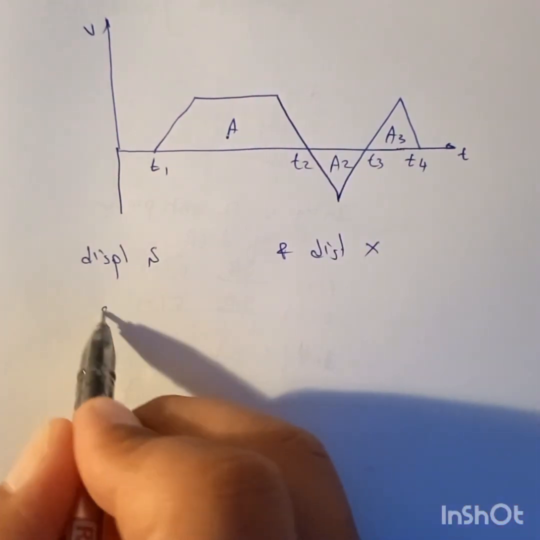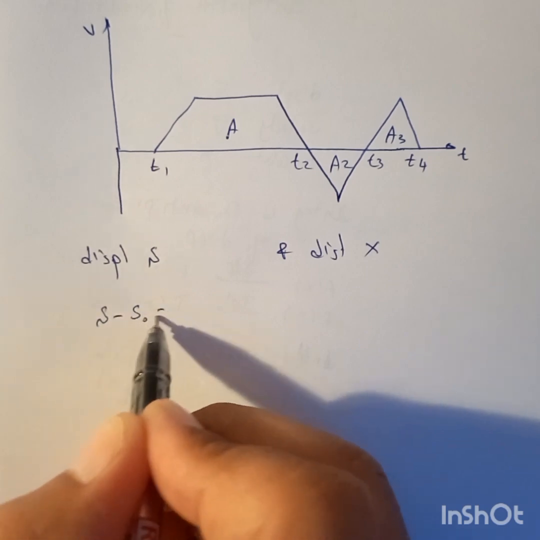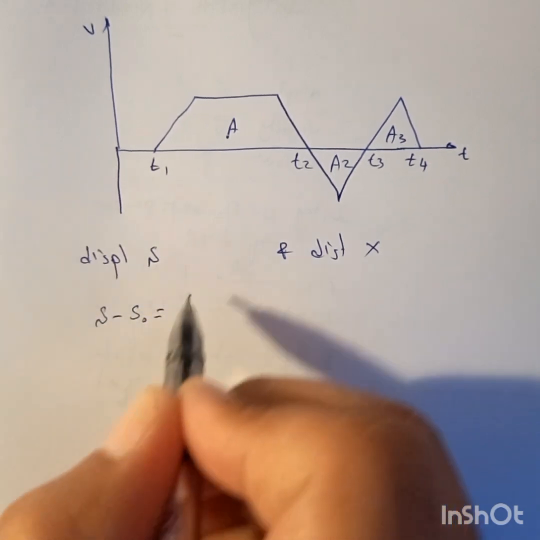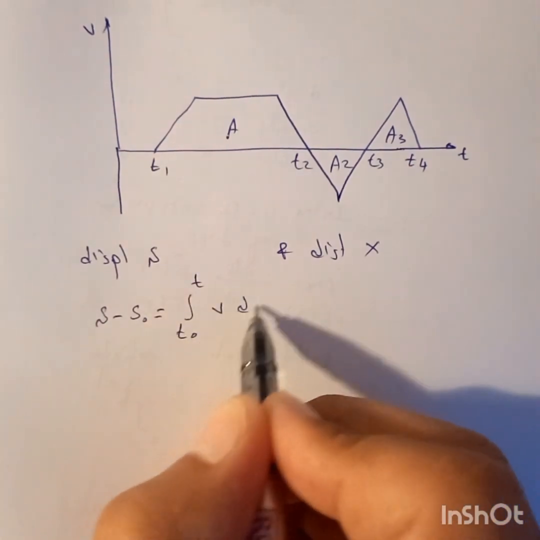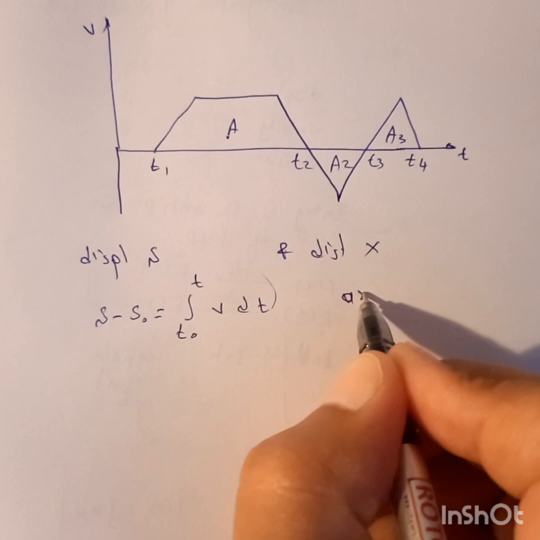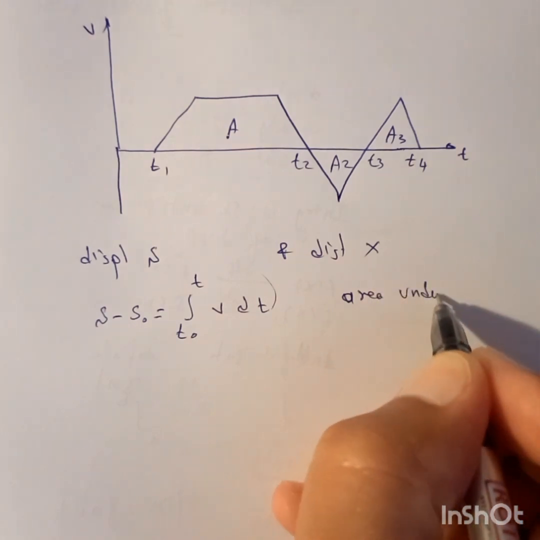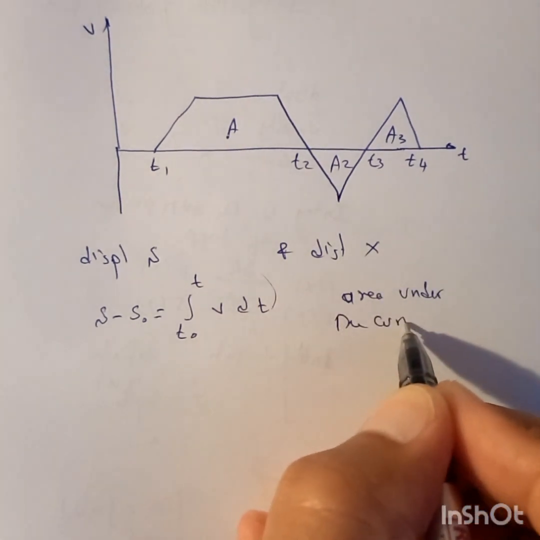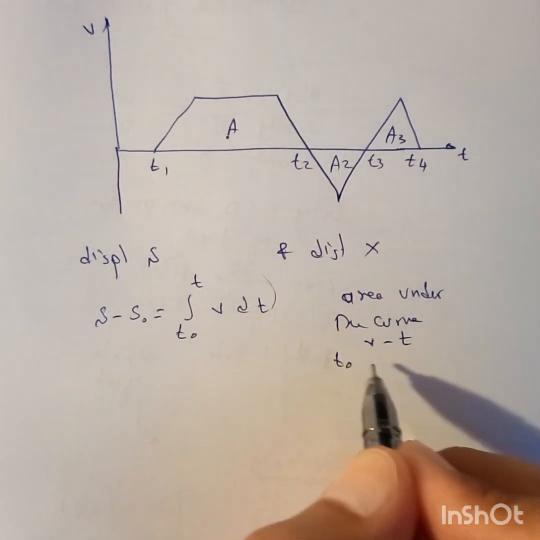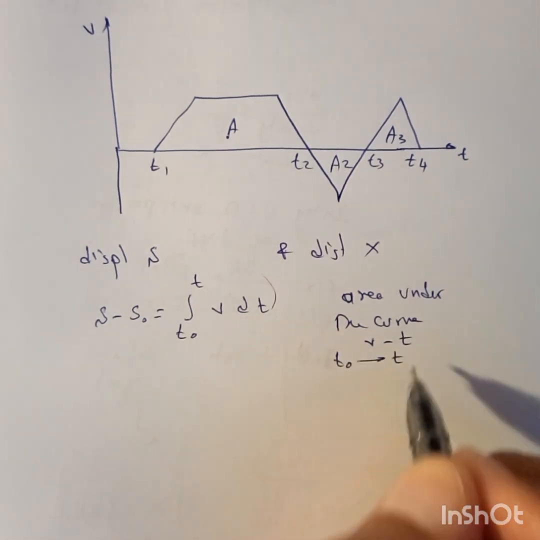You have here s minus s naught equals the integral from t naught to t of v dt, and this quantity is the area under the vt curve from time t naught to time t.